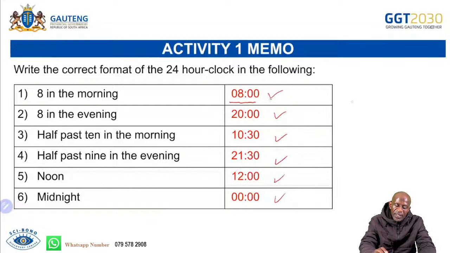thus far, we were defining concepts that are critical for your understanding of time zones, right through the time zone itself. We know how to define it.